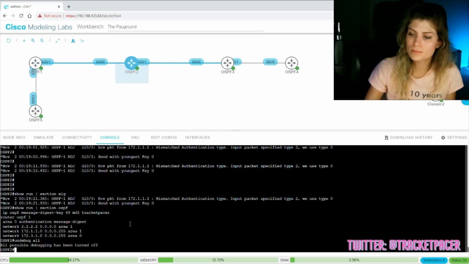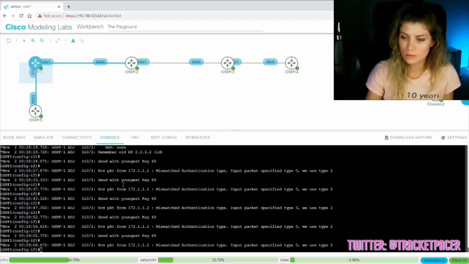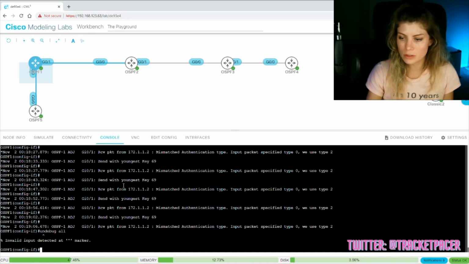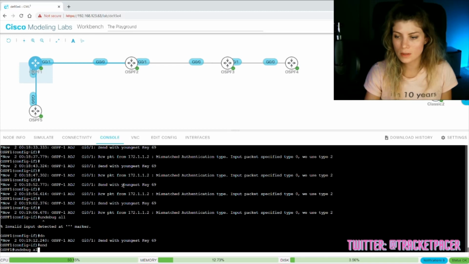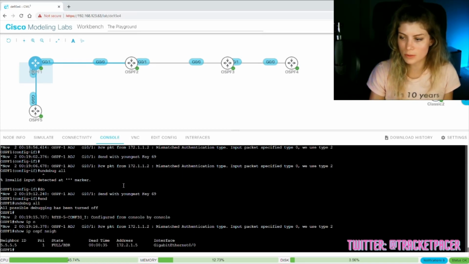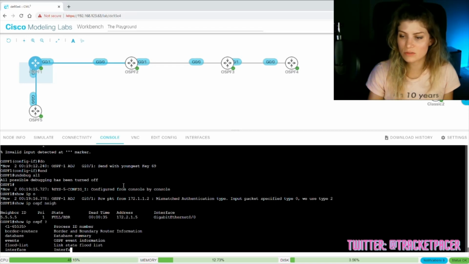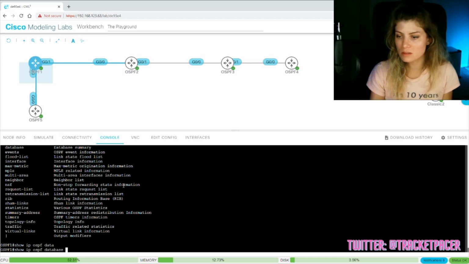Yeah. Come on. My question is, did this affect neighborship? I'm not sure I saw neighborship go down. Oh, it did affect neighborship. Show OSPF database?